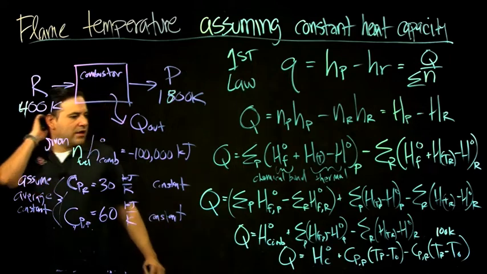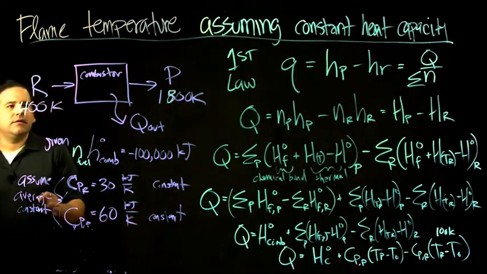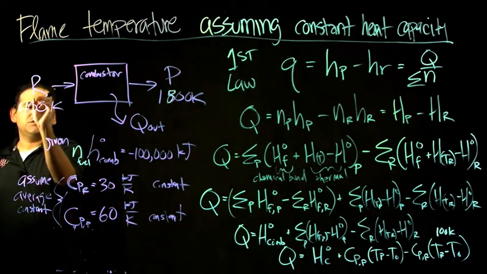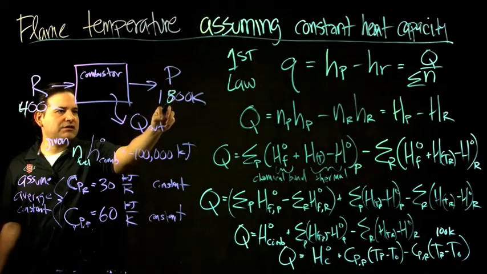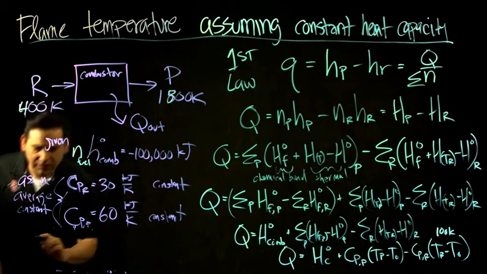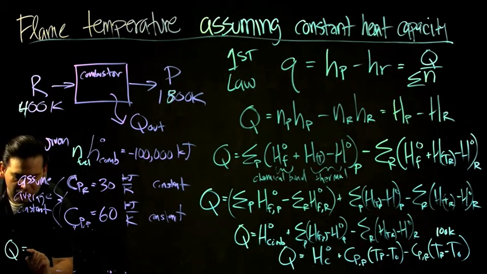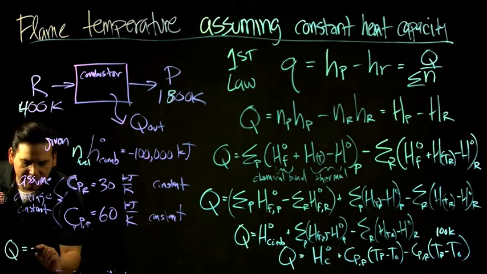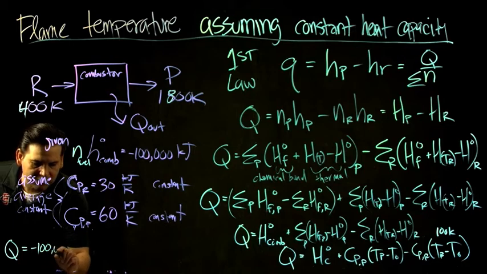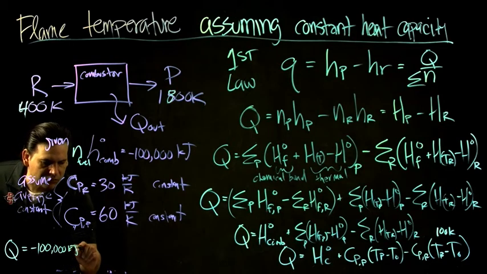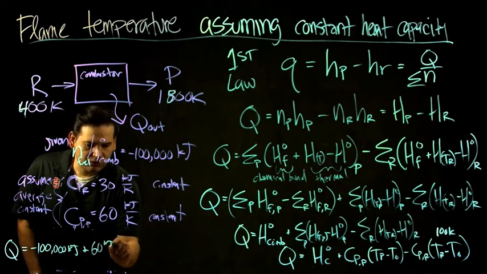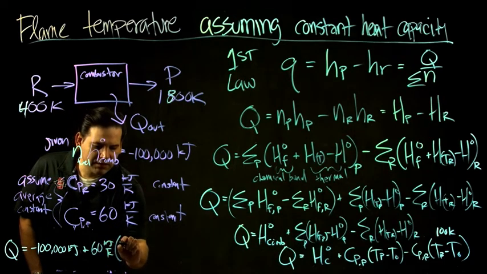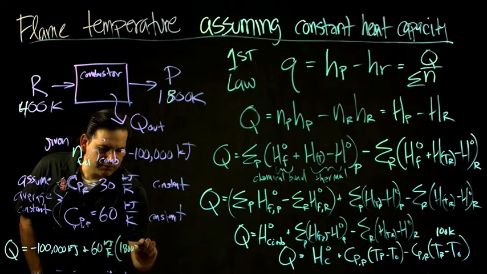So the number I got was, given that the difference from this to the standard state was 100, the difference from the standard state was 1500. So applying that, you would say Q equals negative 100,000 kilojoules plus 60 kilojoules per Kelvin times 1800 minus 300.